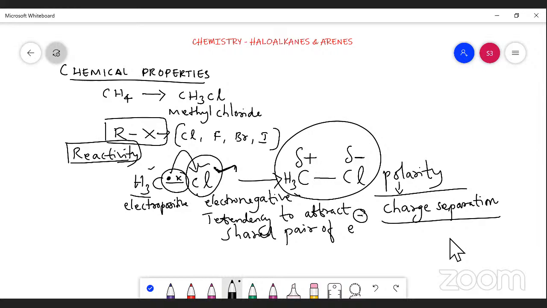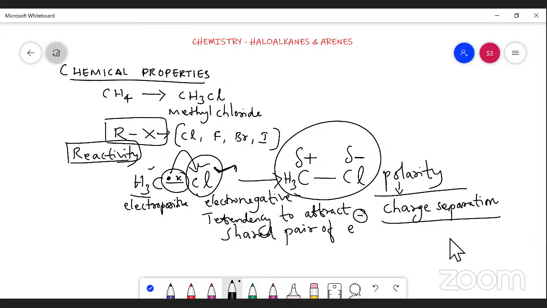Now, this reactivity nature is what makes a haloalkane involved in many types of reactions. Because what is a chemical property? How the substance, whatever the organic compound may be, is going to be involved with the other substance, how it is going to combine with the other compound, is called a chemical property.